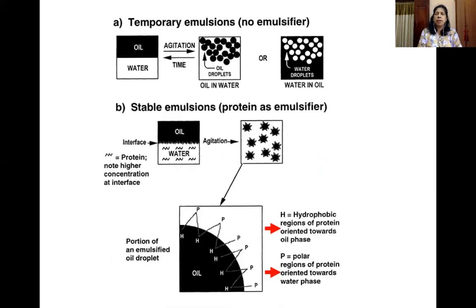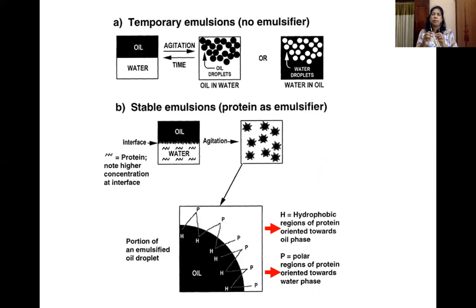This picture also shows the temporary emulsion. With oil and water in two phases, upon agitation you can see the oil going as droplets, because of surface tension. Oil always likes to be a droplet, getting a round shape because of surface tension.